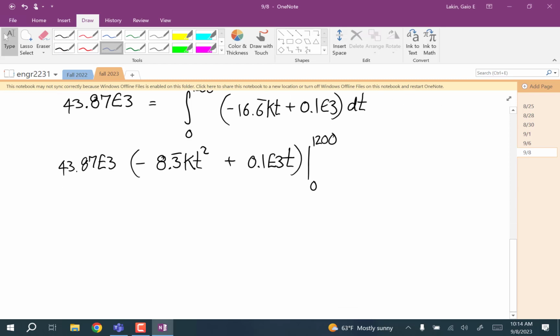And so 43.87 times 10 to the 3, 1200 squared times negative 8.3. What do you get there?